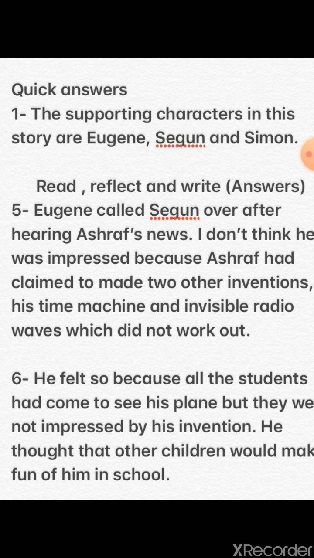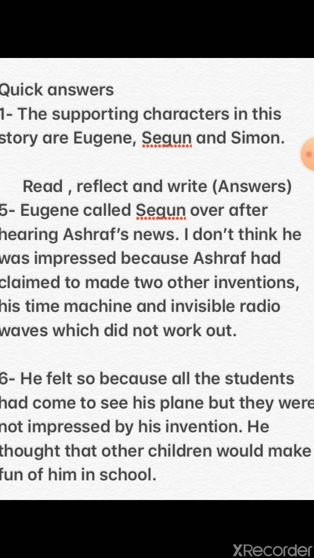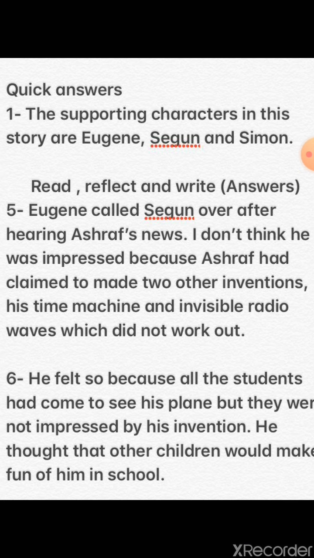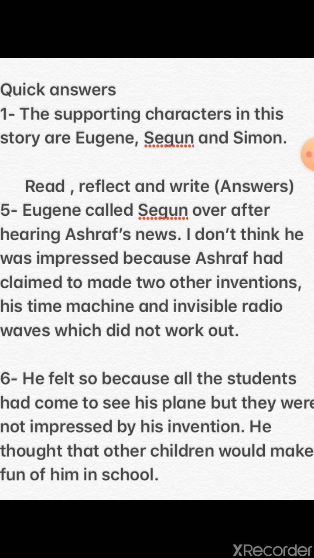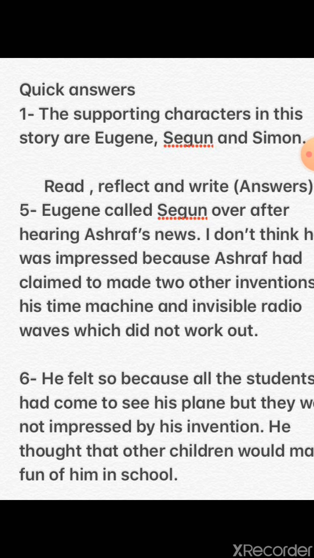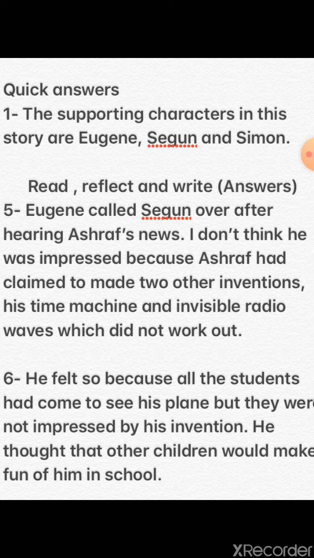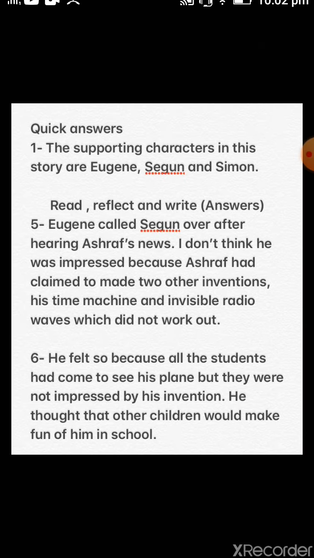So after that Ashraf felt so, because all the students had come to see his plane, but they were not impressed by his invention. He thought that other children would make fun of him in school. That is why he didn't feel like going back to school.